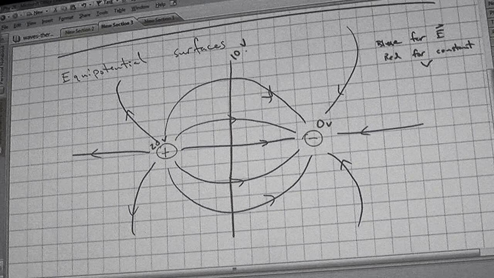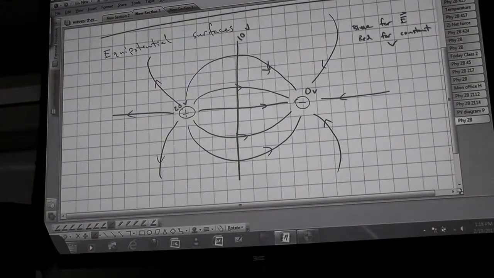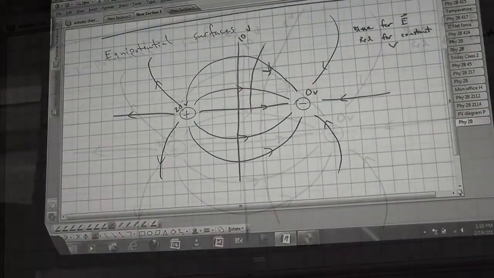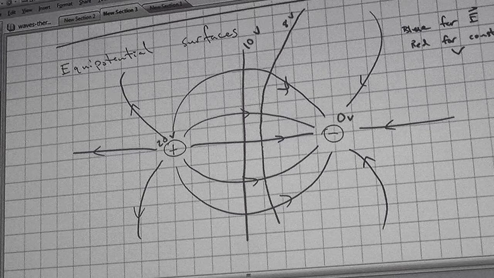And then if we moved a little bit closer to the negative charge, to the lower potential, we'd find a spot that was a little less. Over here maybe. This would be probably 8. And we could keep going.